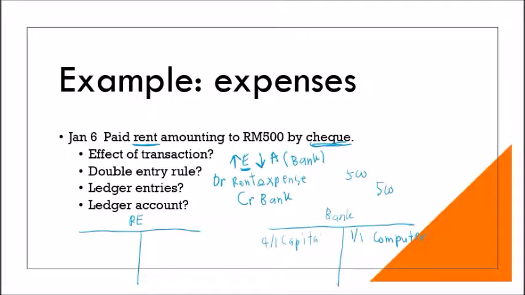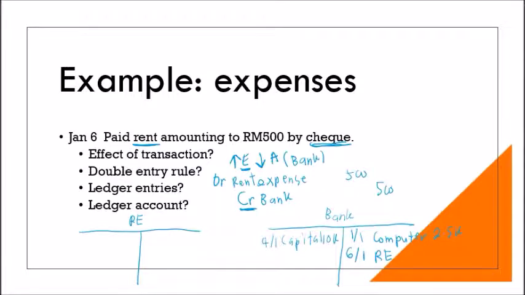Okay, so this is amounting to 10k, which is 10,000. The computer is just 2.5k, 2,500. So now you put on the credit side another new transaction, 6 Jan, which is rent expense.